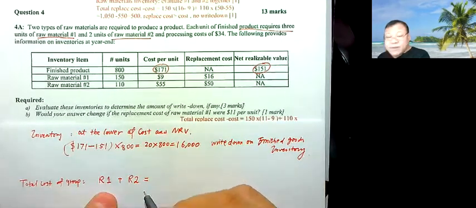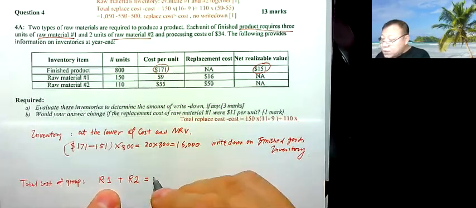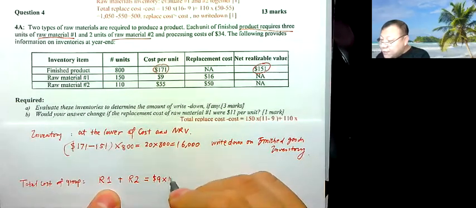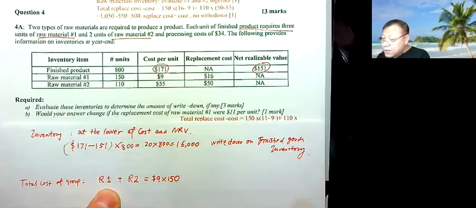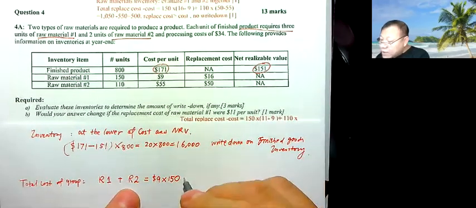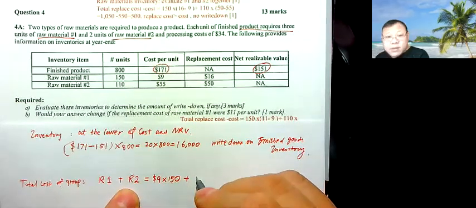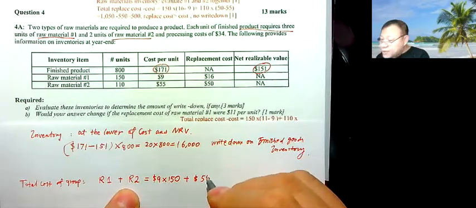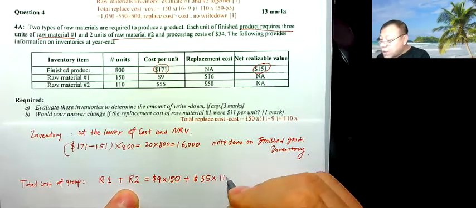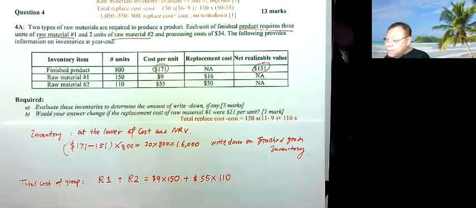So what's the cost for raw materials 1? That's $9 times 150, right? And what's the cost for raw materials 2? That's $55 times 110. Okay.